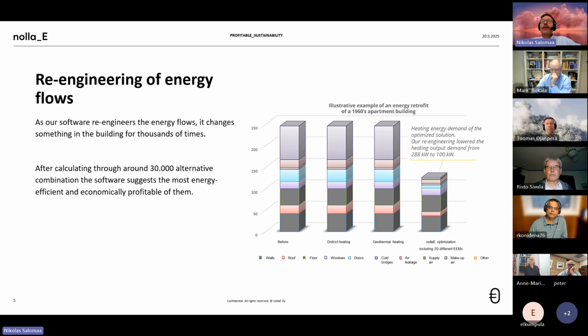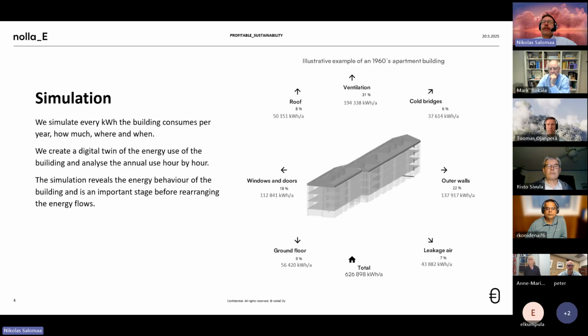On this slide, we actually have a case study. We can see the peak heating load of this residential apartment building. This is a residential apartment building built in the 60s, 36 apartments located in southern Finland, next to Turku, the third biggest city in Finland.